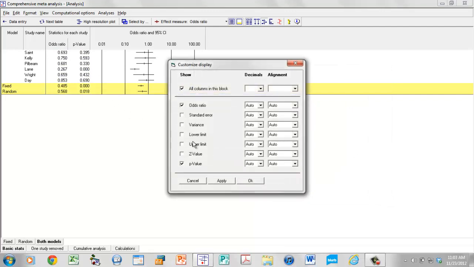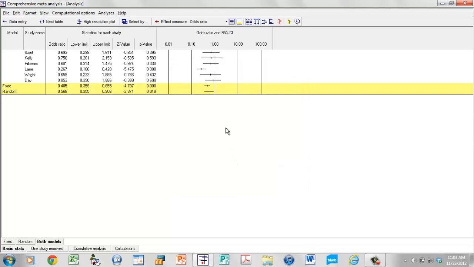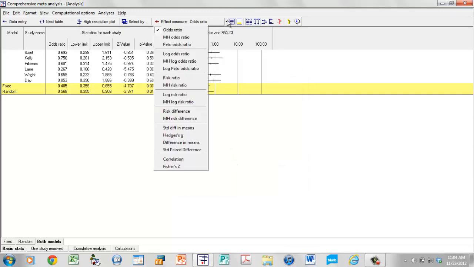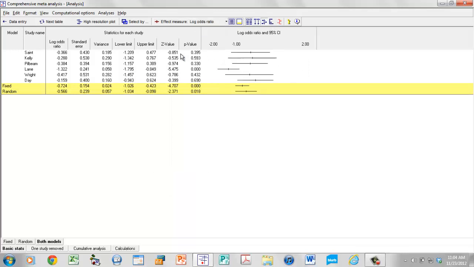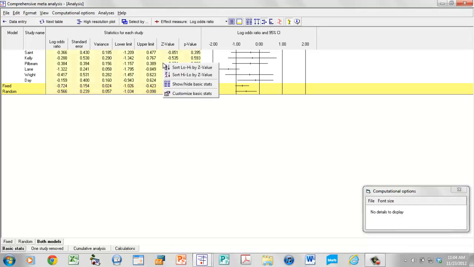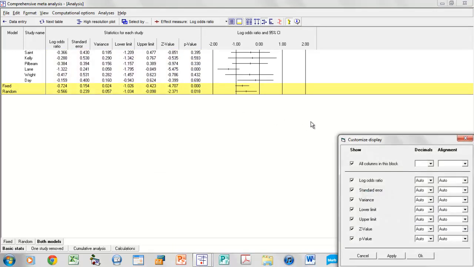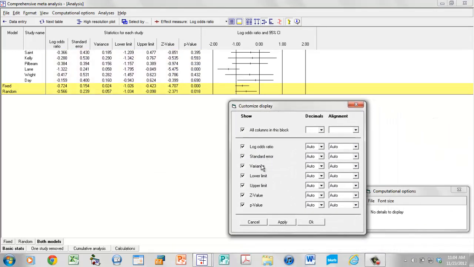Notice, by the way, that even if we check standard error and variance, those numbers are not going to be displayed when we're dealing with the odds ratio, but they will be displayed when we're dealing with the log odds ratio if they're checked. So in other words, the program is doing what it is supposed to do. You can check variance and standard error, but that only has an impact on the screen when it makes sense for it to have an impact on the screen.